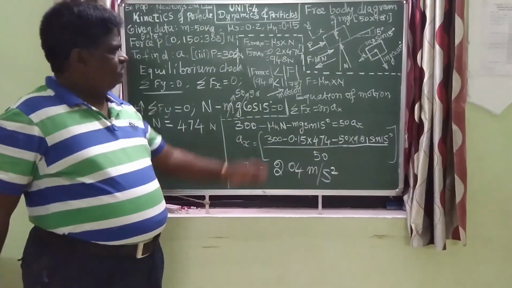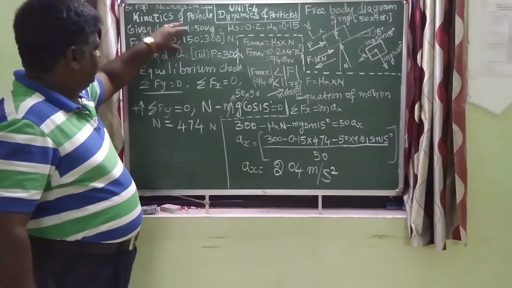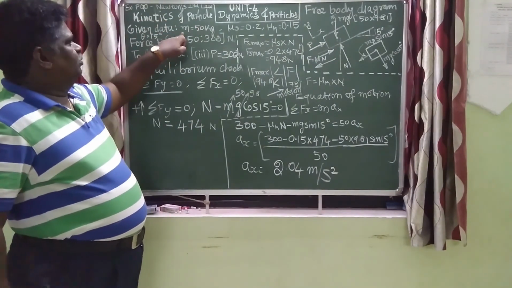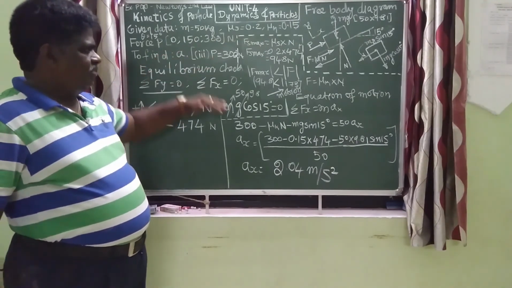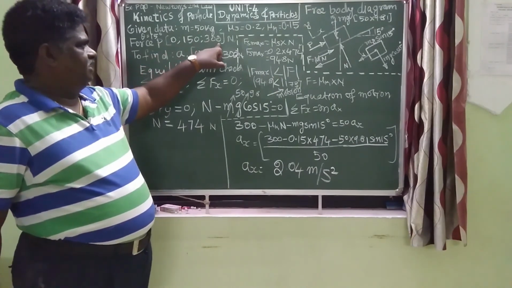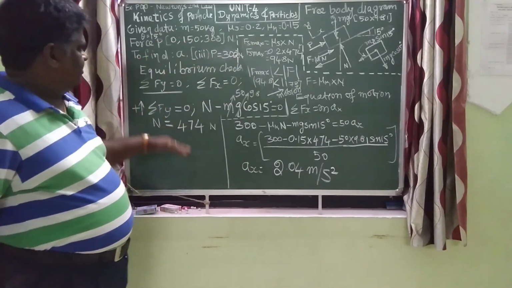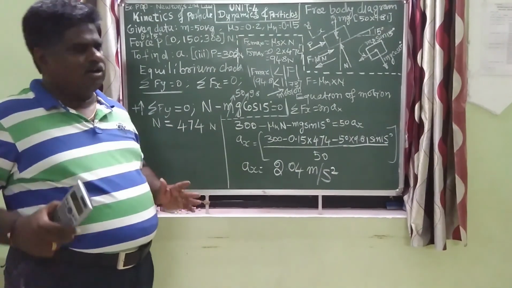Summary of the steps. First we draw the free body diagram. From the free body diagram, write down the input data and the conditions given. The three cases we have to analyze are external force 0, 150 and 300 Newton. First verify the equilibrium at static condition, whether the block is moving or not.